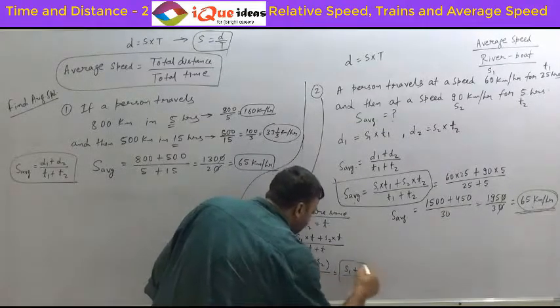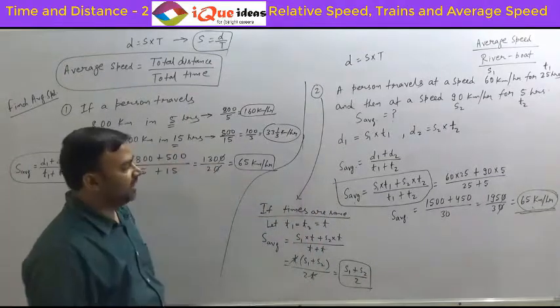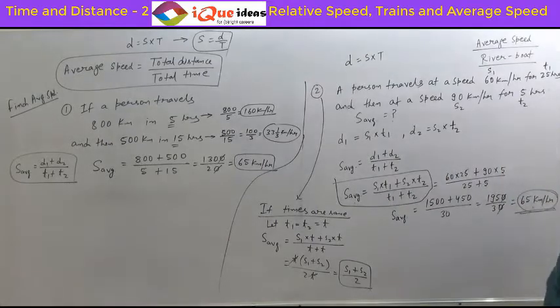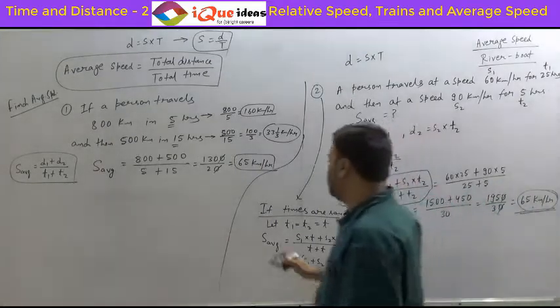So that means if the times are the same, then average speed is equal to the average of the speeds. Not always. This is a special case.